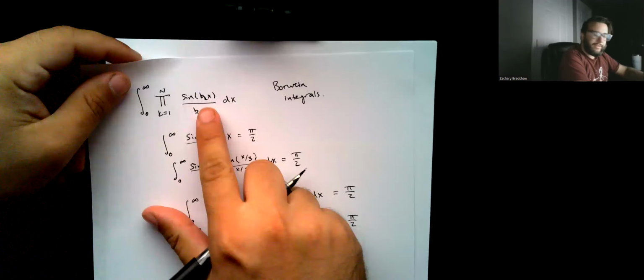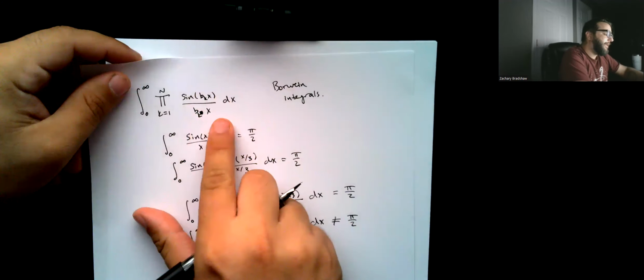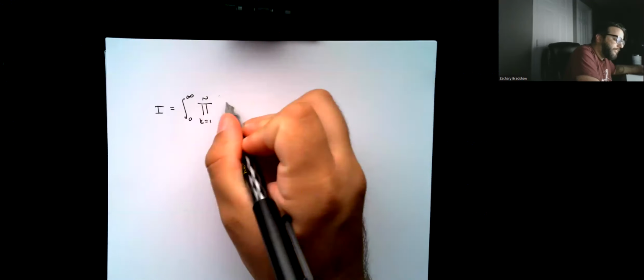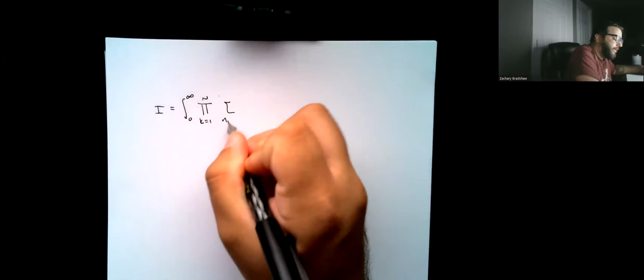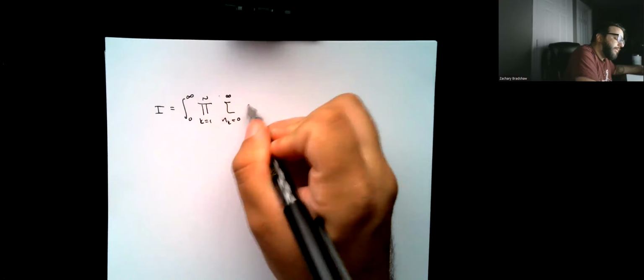So we will expand the sine function here, and we'll go ahead and knock out a power of bk and a power of x. So what we have here is the sum from nk equals 0 to infinity of what I'm going to call phi nk.